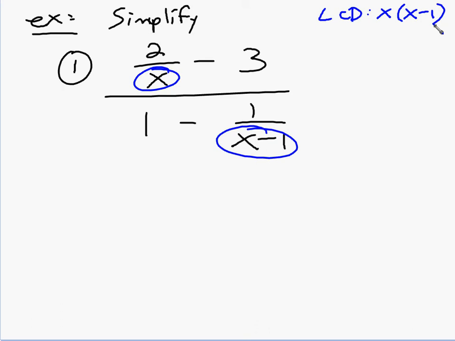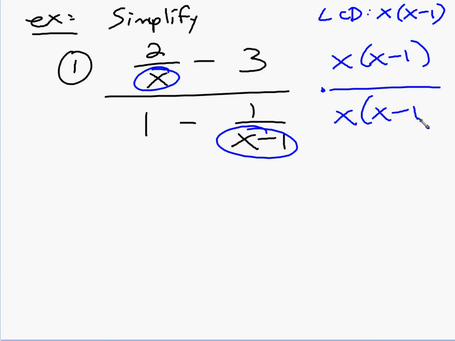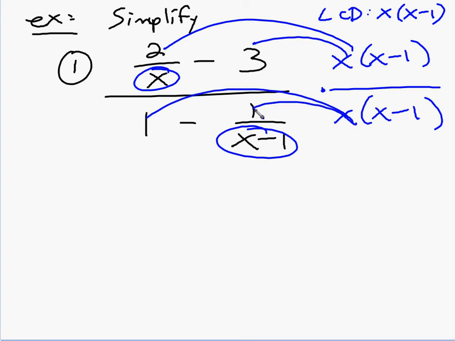We're going to multiply this by the least common denominator and this by the least common denominator. The reason we do that is because it will make the complex fraction part go away. So we have to distribute it times this term and this term, and times this term and this term. So let's do that down below.